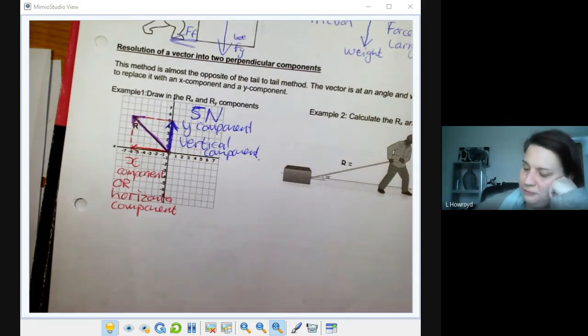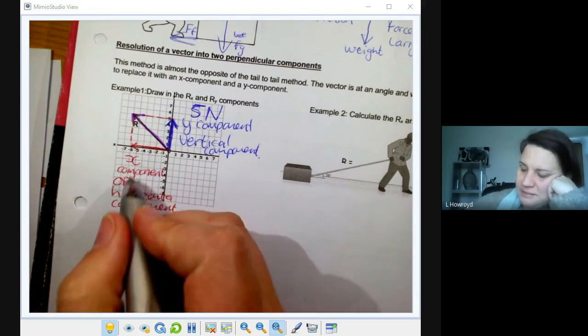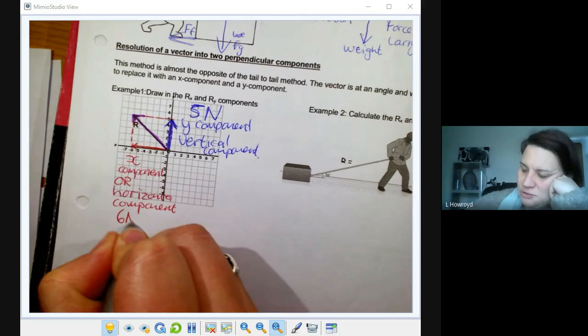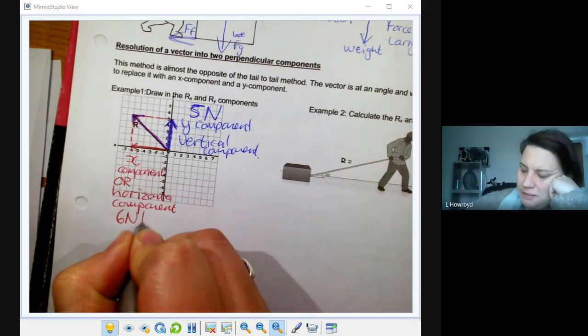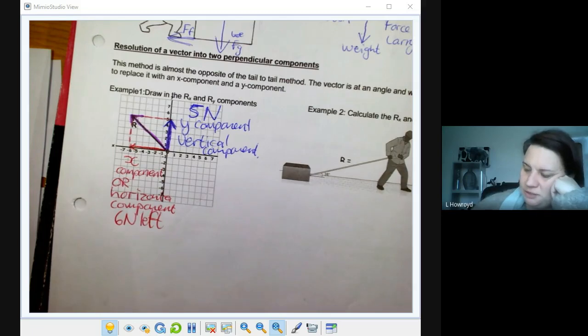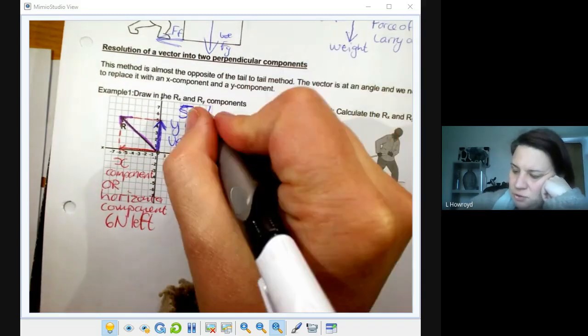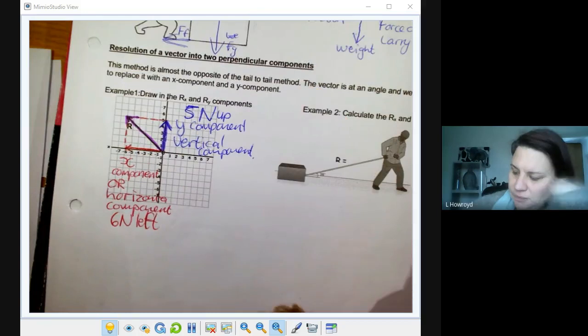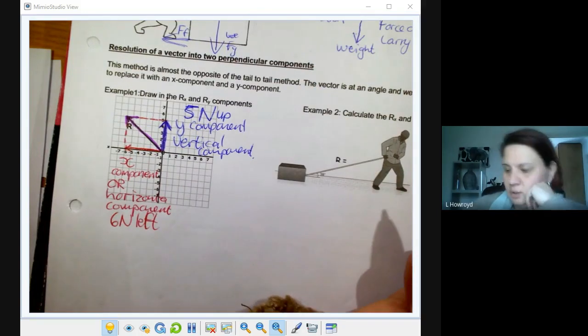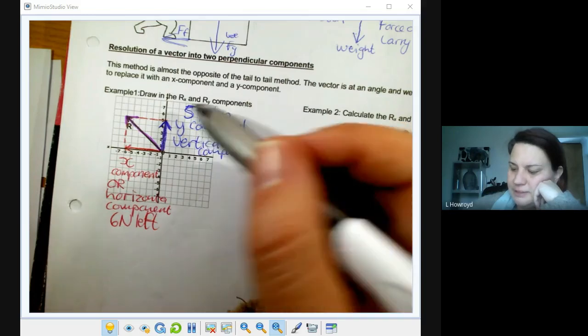If we look at the x, we can see that it goes to 6, so it will be considered as 6 newtons, and it's going to be to the left. Sorry, and then remember, this one also needs a direction because it is also a vector, so up. 6 newtons left, 5 newtons up. So that's broken that one down.